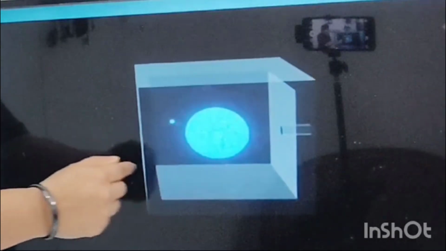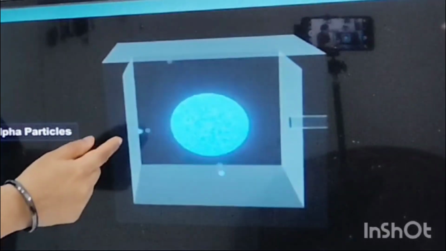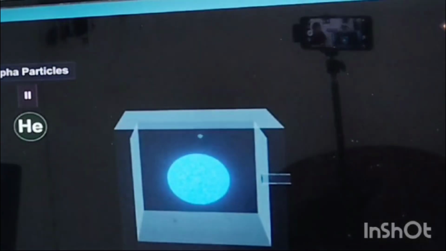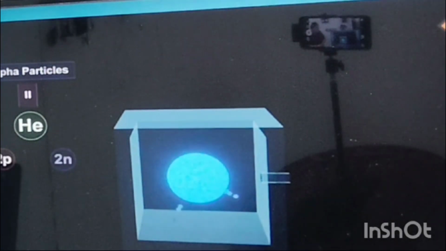Radioactive substance producing alpha particles is in a lead block. This is a lead block. Radioactive substance producing alpha particles, helium plus 2 ions.